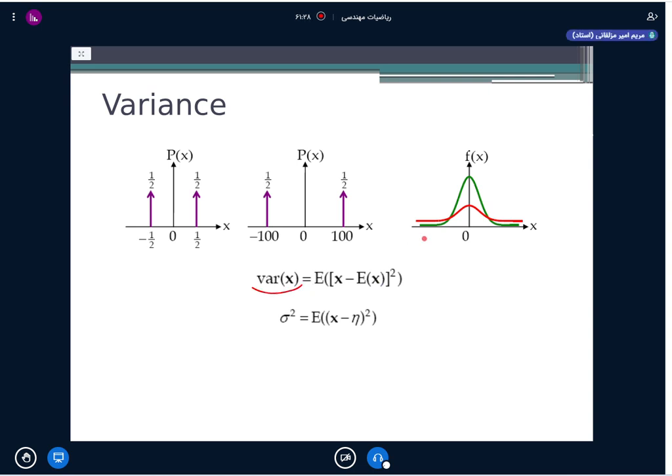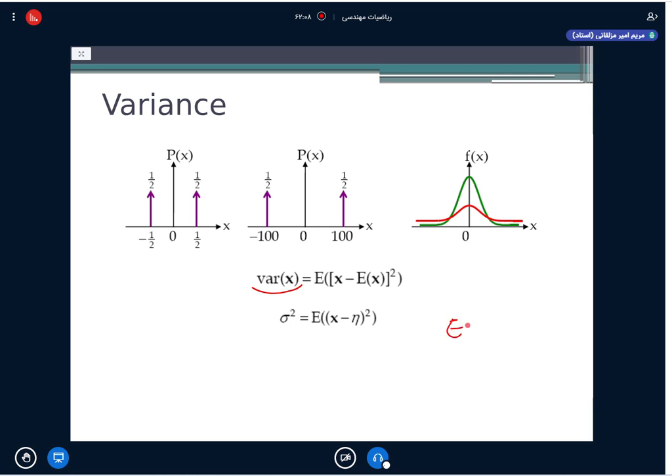What's the meaning of variance of x? Variance of x specifies the dispersion, the spread of PDF or PMF around the mean. If variance is large, it means that the dispersion around the expectation, around the mean, is large. If variance is very low, it means that the PDF or PMF is compact around the expectation value.